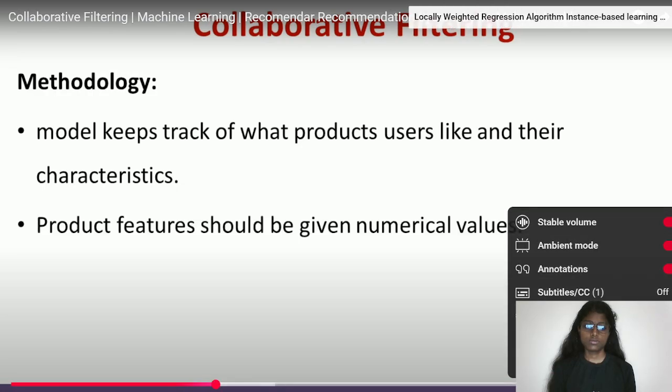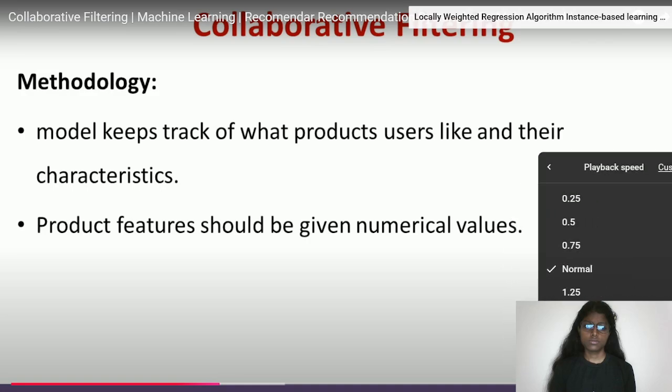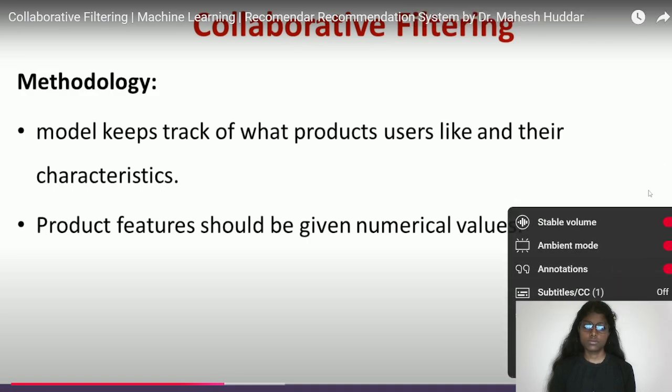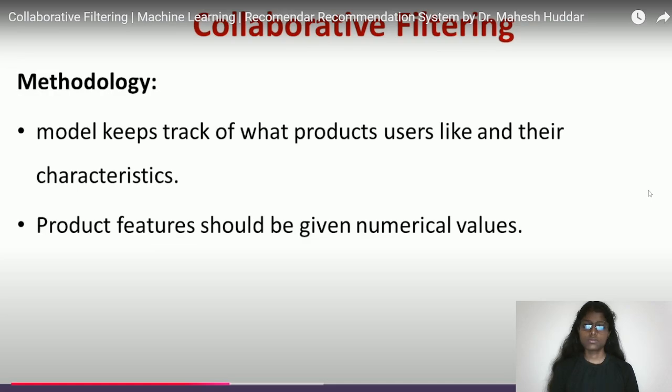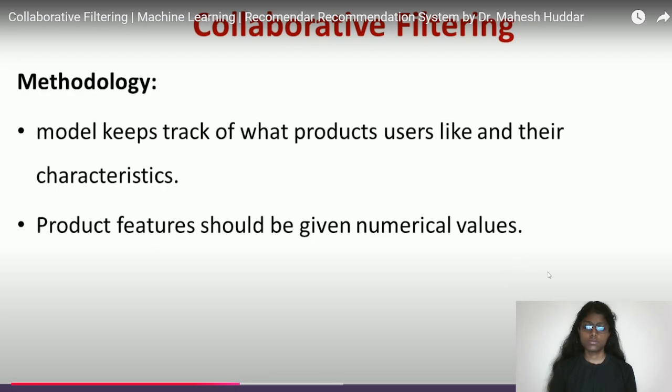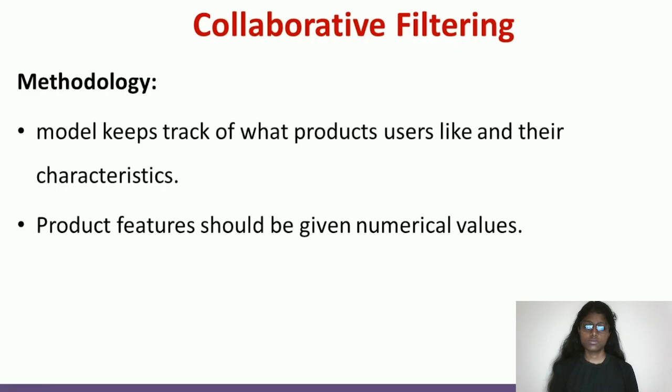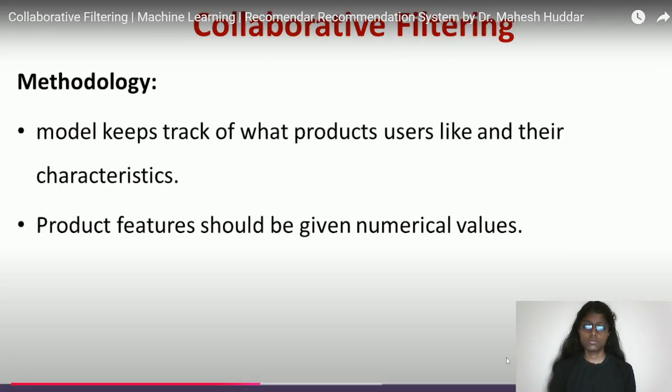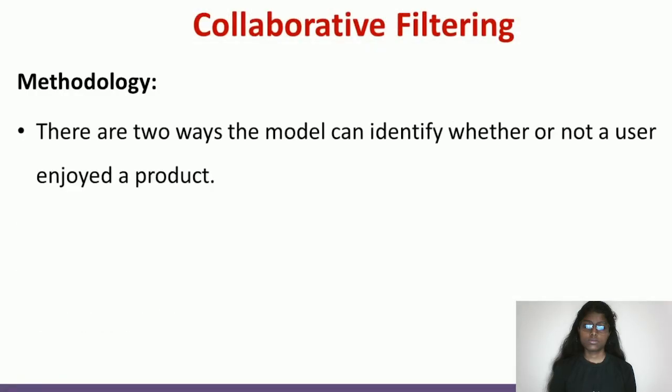Product features should be given numerical values whenever possible, as it makes decisions by the model more accurate. Wherever possible, it is better to give numerical values to the features rather than string-type data. Once the features are identified and assigned values, data collection needs to begin. There are two ways the model can identify whether or not a user enjoyed a product.